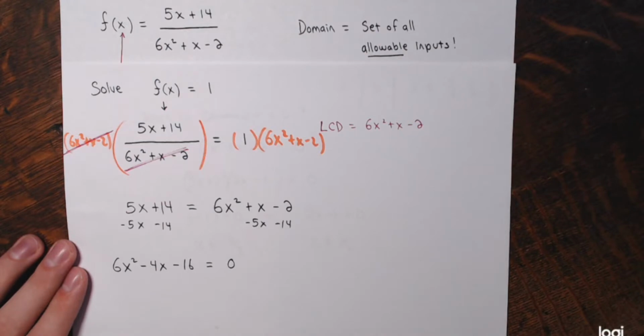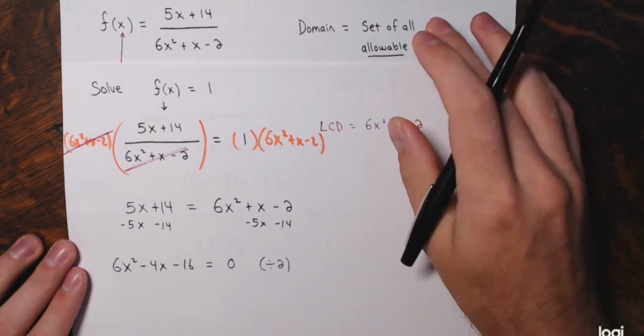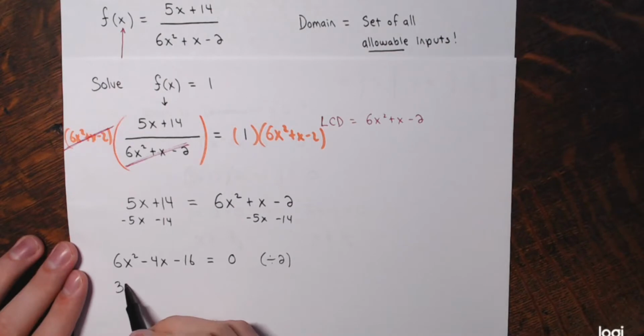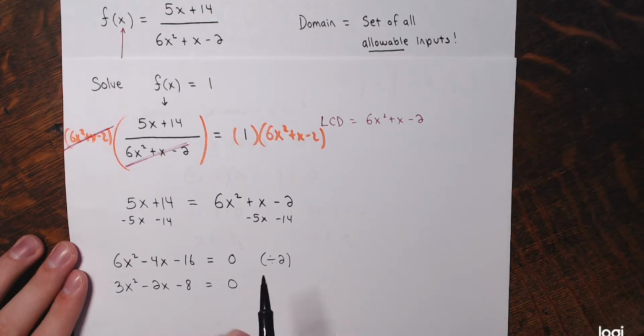Everything on one side, 0 on the other. One thing I'm noticing is that every coefficient over here is even, so I'm going to divide everything on both sides by 2 just to make the numbers a little smaller. So now we have 3x squared minus 2x minus 8 equals 0.